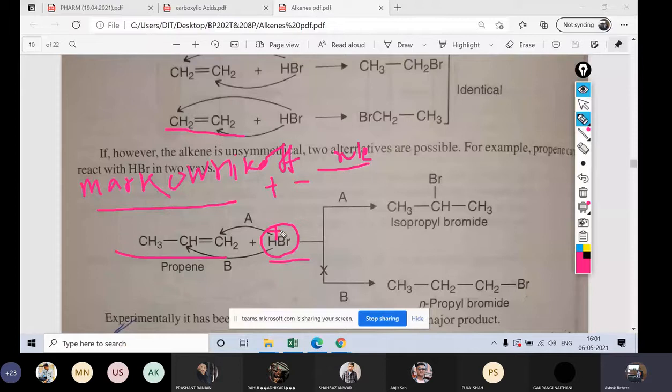The positive part means H plus. As per the scientists, it is always positive, that's why they have taken the positive part. This positive part will go to the carbon with more hydrogen, and the negative part will go to the less substituted carbon. This would be the major product, and this would be the minor product.